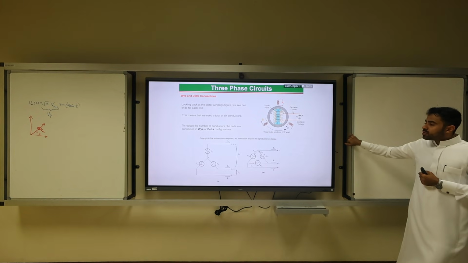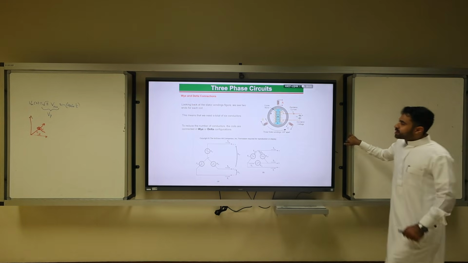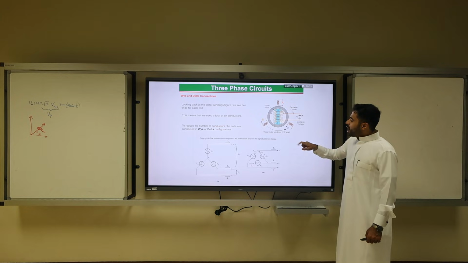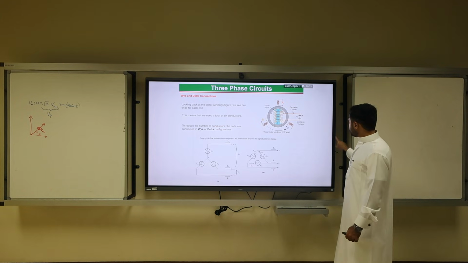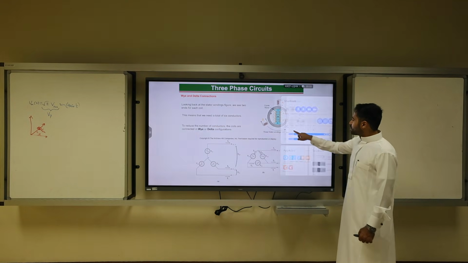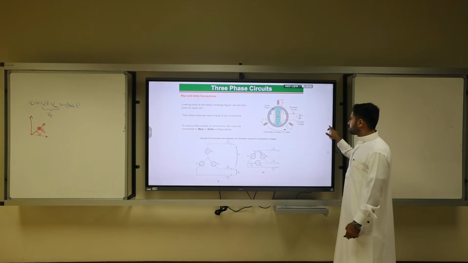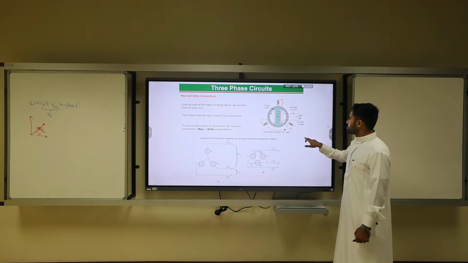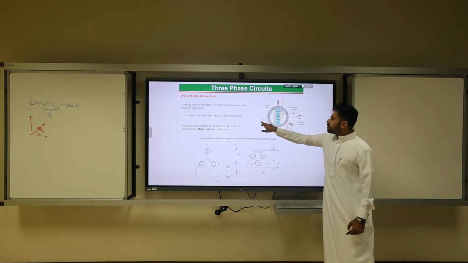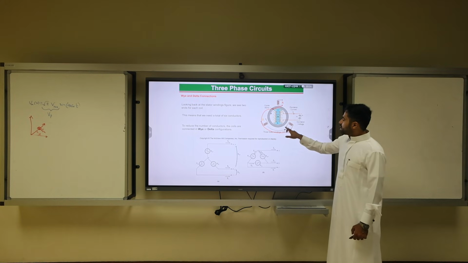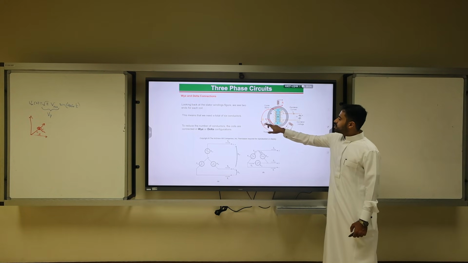So, the difference between delta and Y connection is you can see this is A, this is B, this is C. You either make a connection where, for example, you combine those legs, and then you make this.